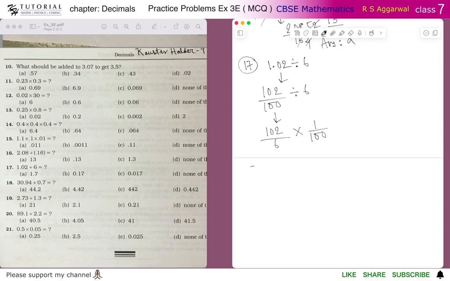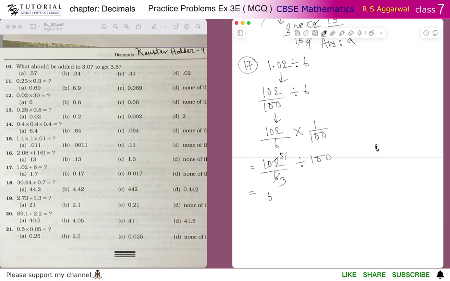Now 102 by 6 into 1 by 100 means divided by 100. Now you have to convert this fraction 102 by 6 into a decimal number. Let's first reduce this fraction 102 by 6 further and see what we get. 3 into 51.